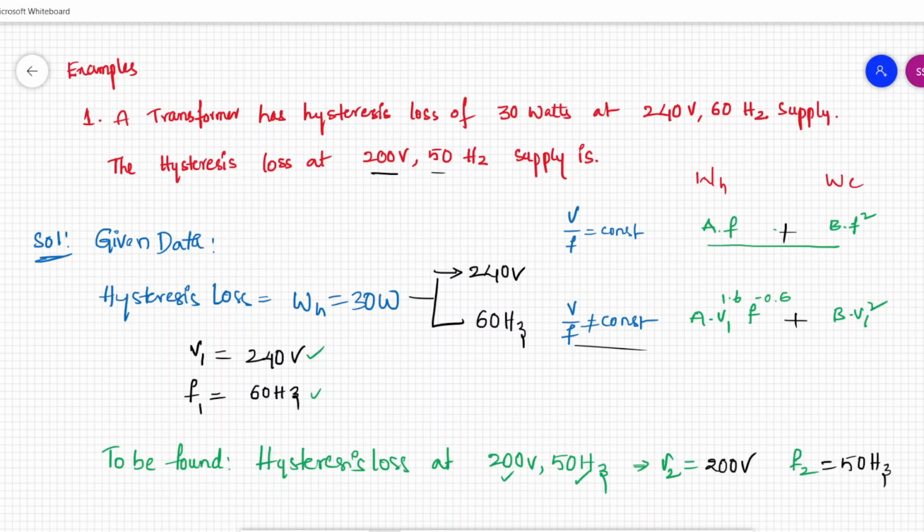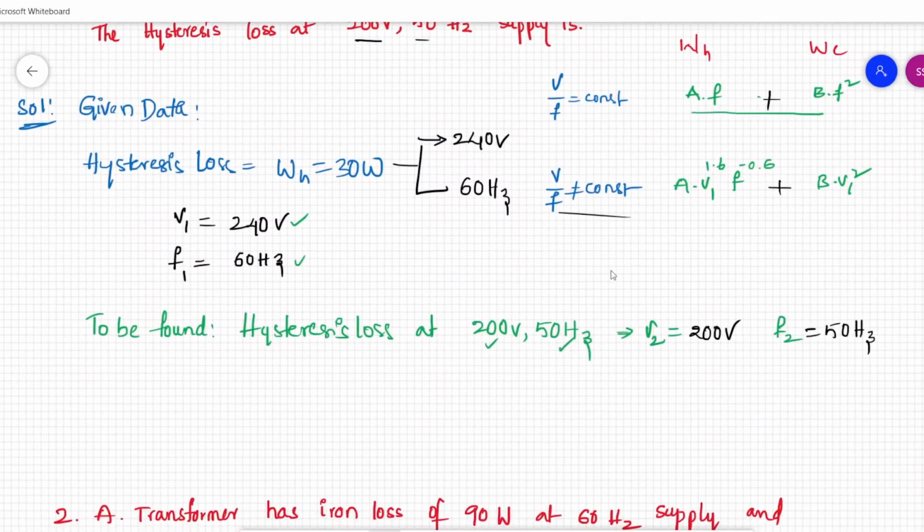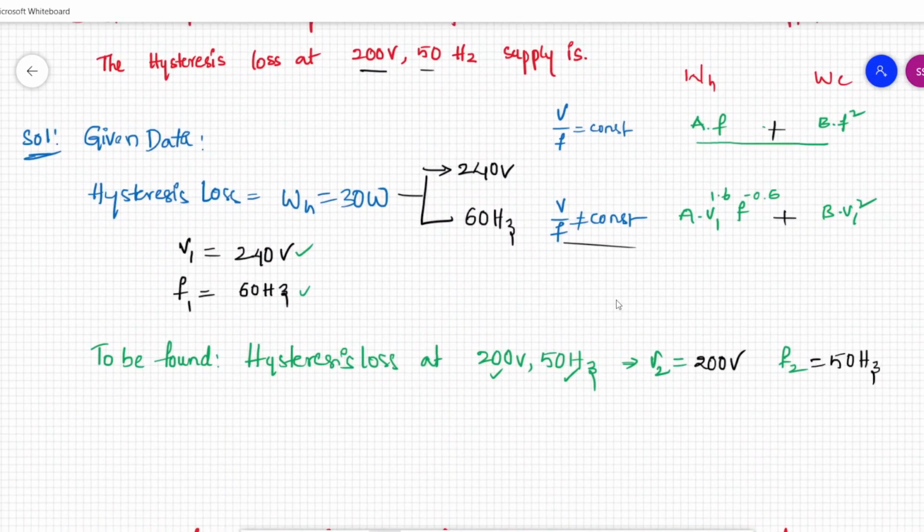So how can we find hysteresis loss? This is crucial. We know that hysteresis loss is proportional to frequency if V by F ratio is constant, else it is proportional to V1 power 1.6 and F power minus 0.6 if V by F ratio is not constant.